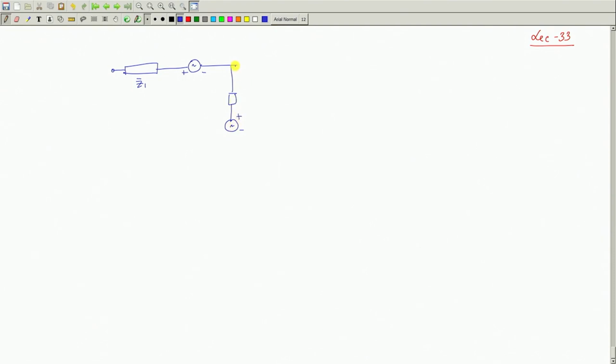This is AC, and there is Z3. They could be RL, or pure R, or a combination of R and capacitance and so on. And there is another source here, say minus and plus.